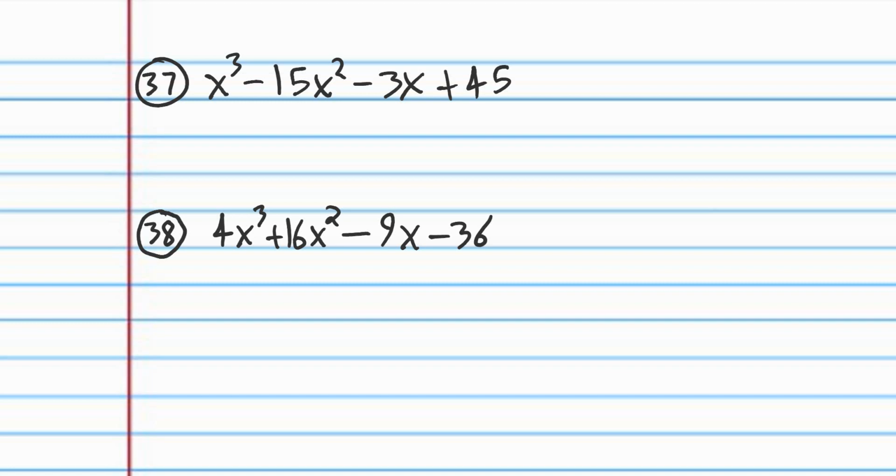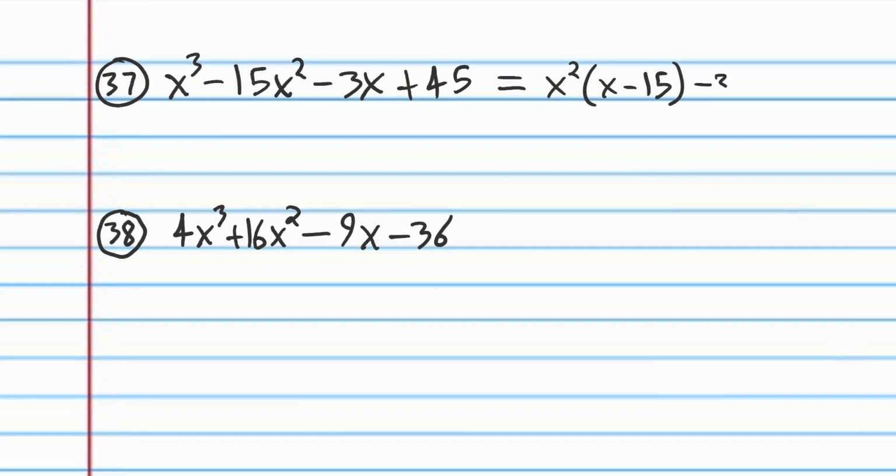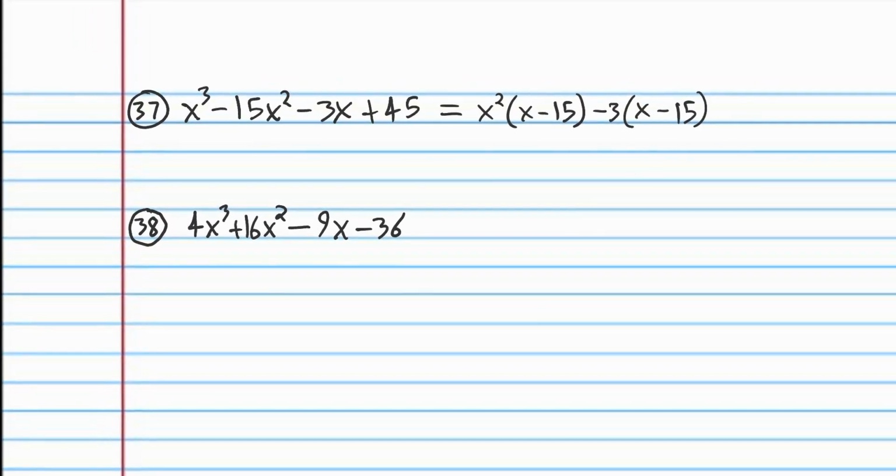All right, we're back. You're going to have to factor out a negative on the second pair. And I just noticed that that's not one of our multiplication facts, but you should be able to figure out that 3 times 15 is 45.